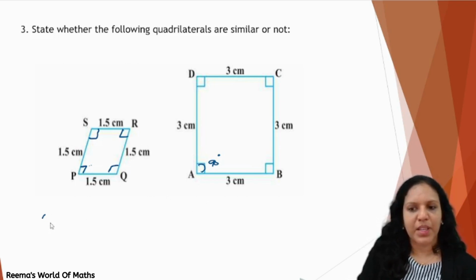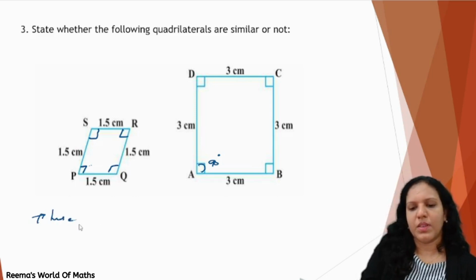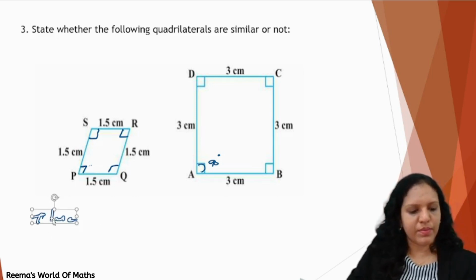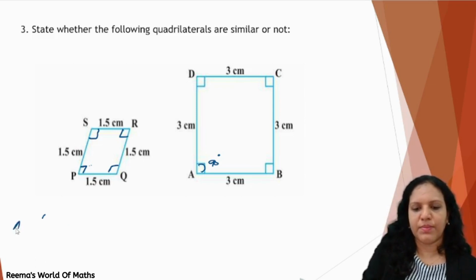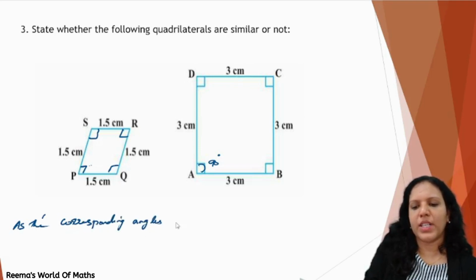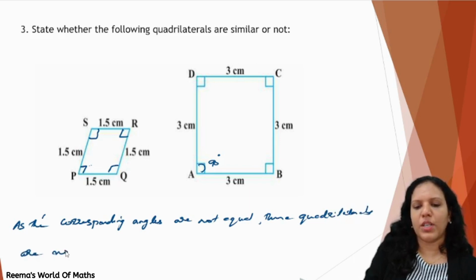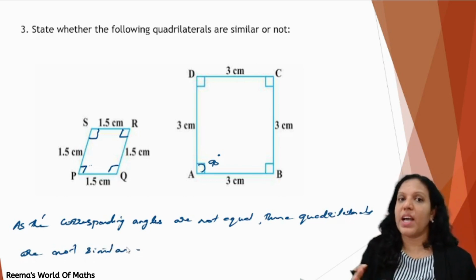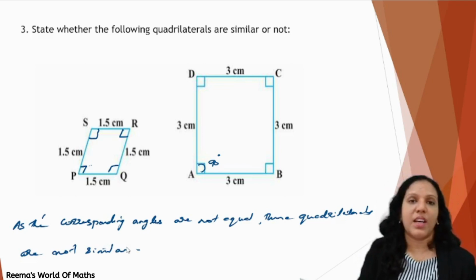So hence we can write: as the corresponding angles are not equal, these quadrilaterals are not similar.